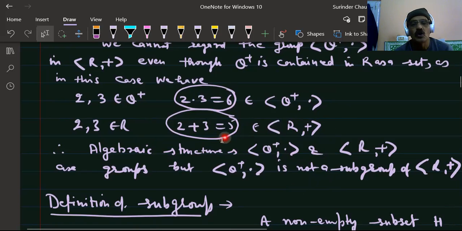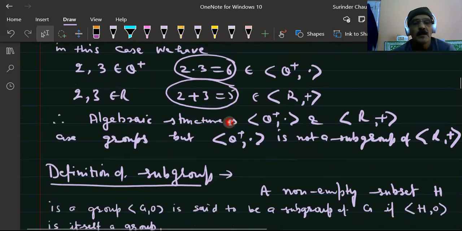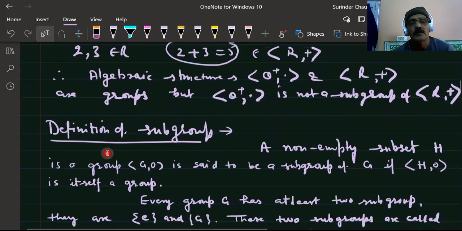So now the idea of the subgroup should be very clear. Now let me define the subgroup. Sub means subset, so a subset of a group is a subgroup. Definition: a non-empty subset H of a group G under the binary composition O is said to be a subgroup of G if H with the same binary composition is itself a group.